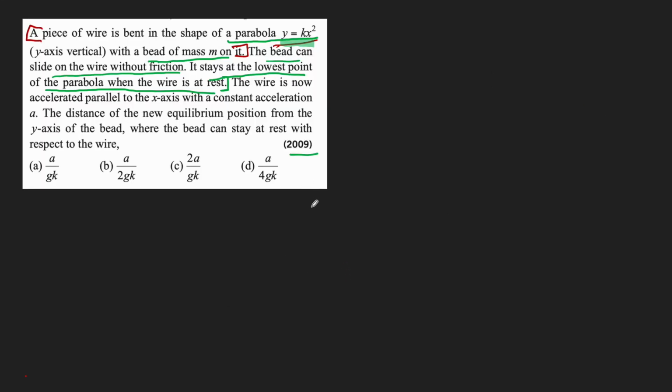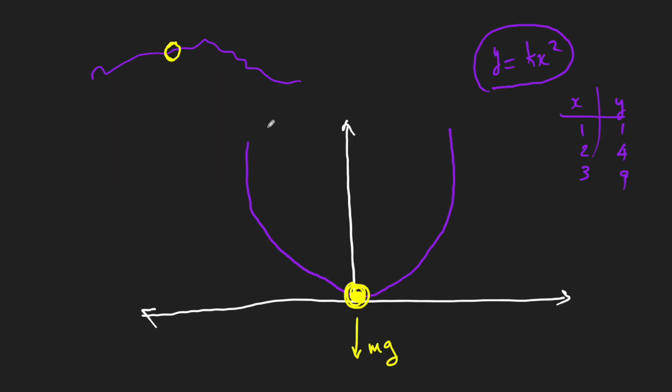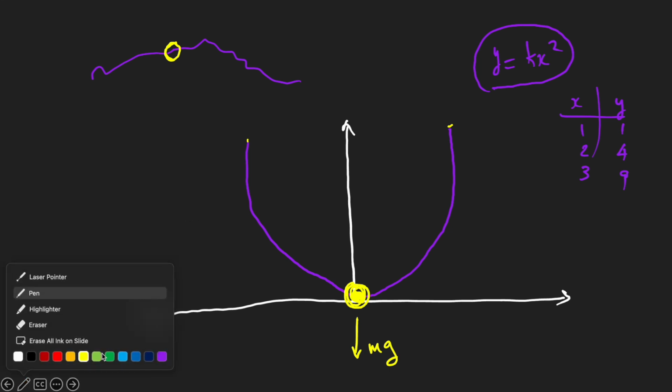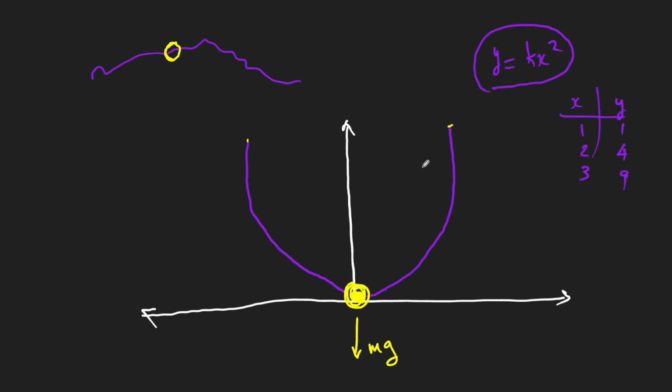Now the wire is accelerated parallel to the x-axis with a constant acceleration a. That means somebody is holding both the ends of the wire, and it is being moved horizontally with some acceleration a.